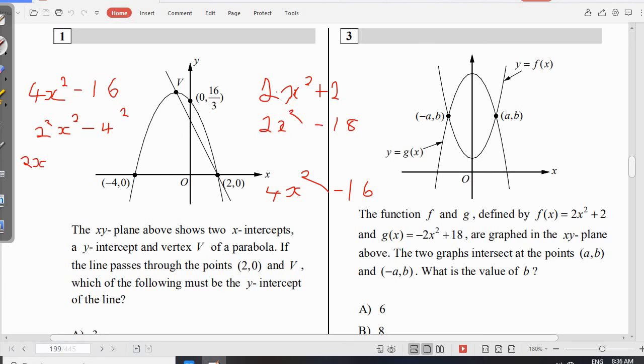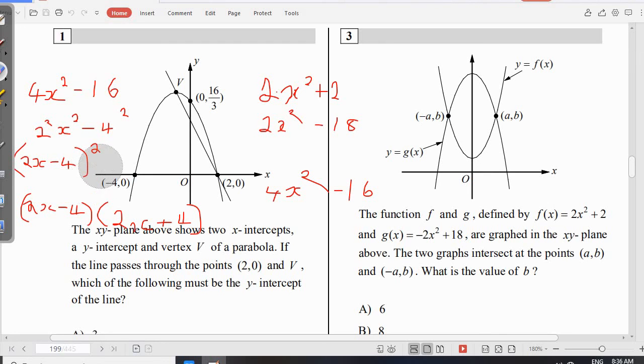In fact this is a difference of 2 squares, 4x squared and 16. So we have 2 squared x squared minus 4 squared, so it's (2x minus 4)(2x plus 4).